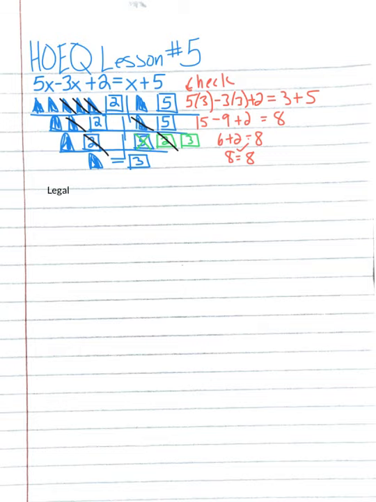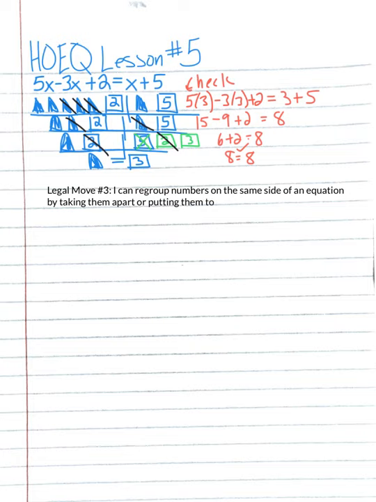For legal move number 3, I can regroup numbers on the same side of an equation by taking them apart or putting them together, and the equation will remain balanced.